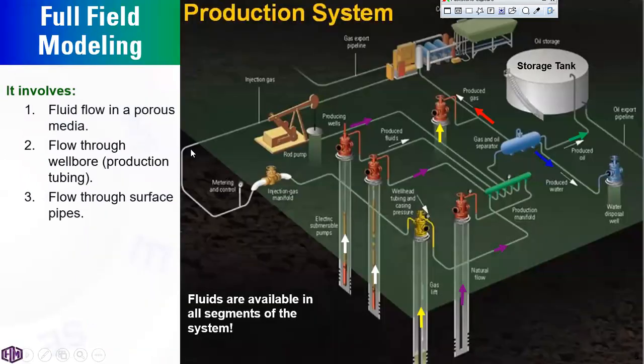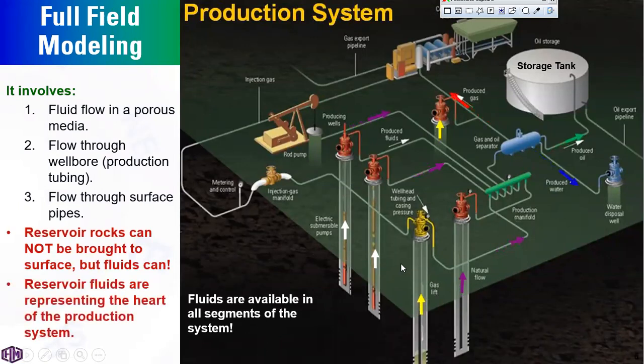So this is an overview of the production system. As mentioned, we have a set of wells, some may be producing naturally or with artificial lift. The production will be based on the reservoir driving mechanism and the reservoir pressure. The fluid will flow in the porous media to the bottom of wells up to a wellhead or the choke, then the production of different wells will be directed to the production manifold.